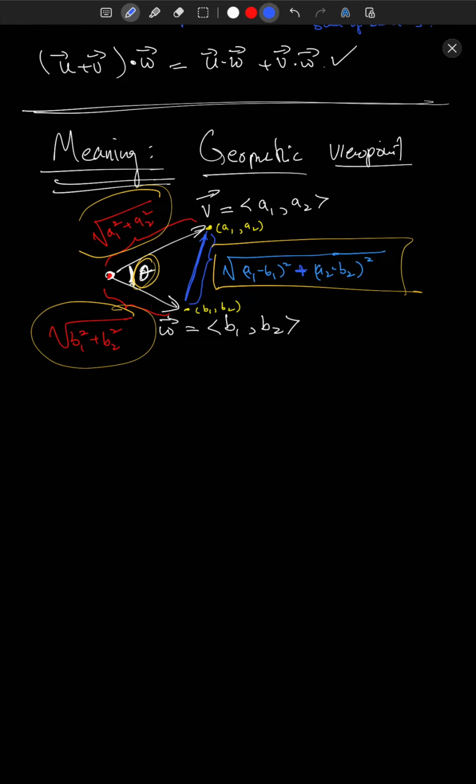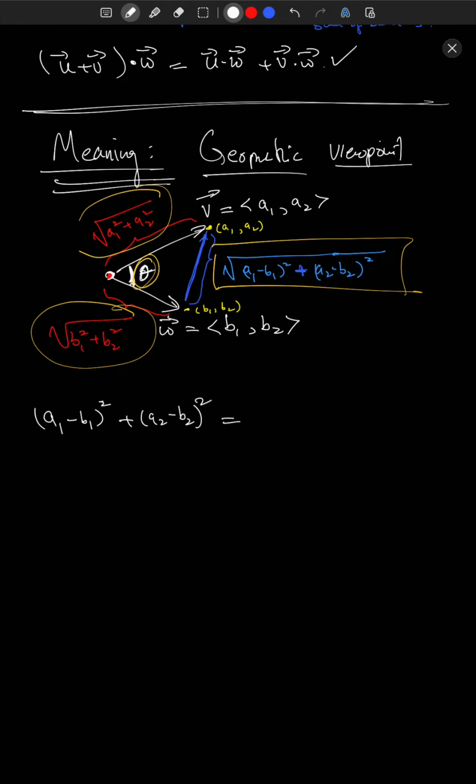So let's write that down. Luckily for us, we're going to be talking about the squares of all these lengths, and so the square root goes away. So I have a1 minus b1 squared plus a2 minus b2 squared, is equal to the length of the first one squared.